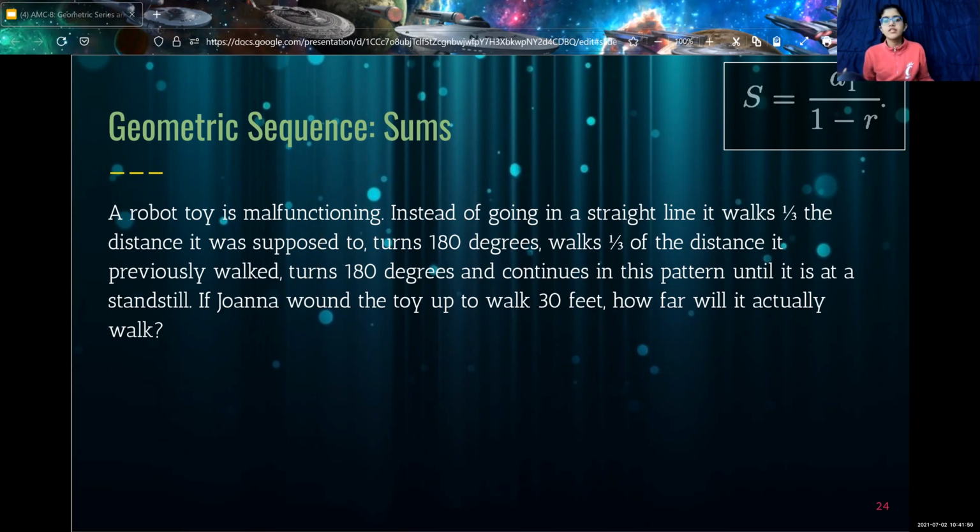Okay, I got an answer in the chat. I don't think it's correct. Make sure you are not adding 30 feet to your answer at the end, because 30 feet would be how much it's supposed to go, but 30 is never in that geometric sequence.